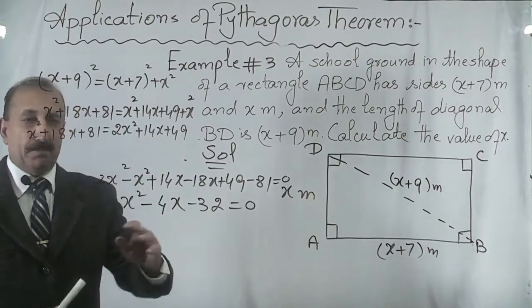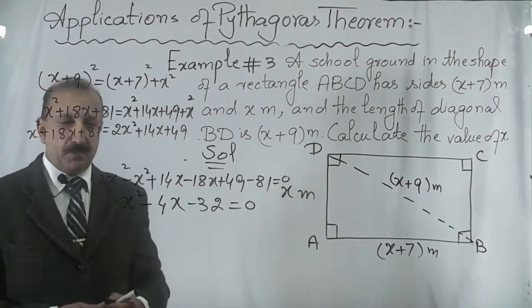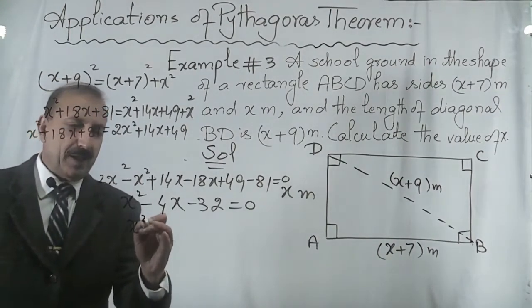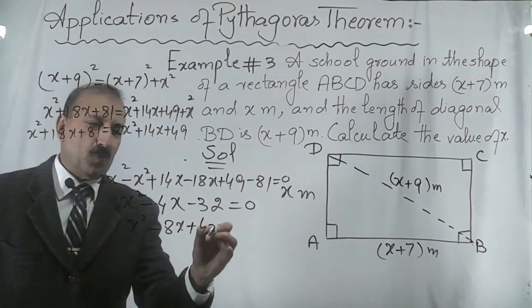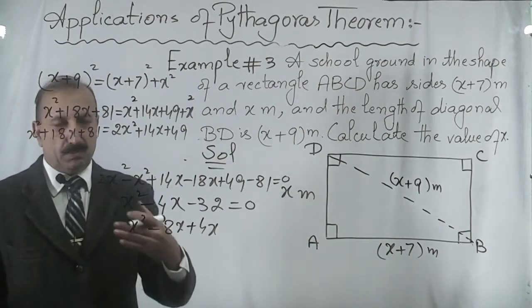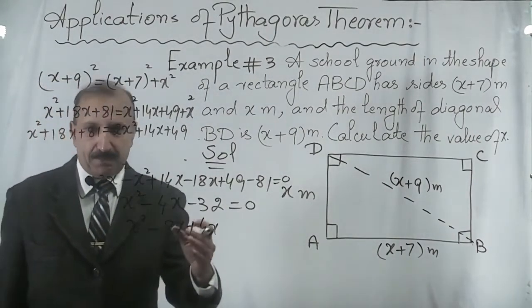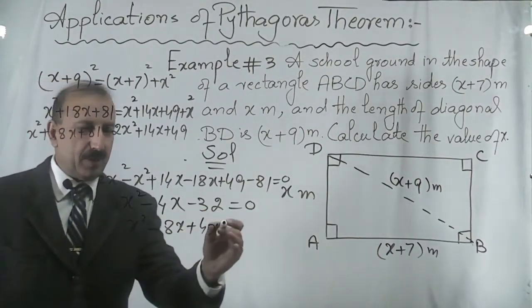Let's split it into factors by the concept of midterm breaking. Here x square minus 8x plus 4x, it's totally up to you how you will break it up according to your prior knowledge of midterm breaking in quadratic equations.